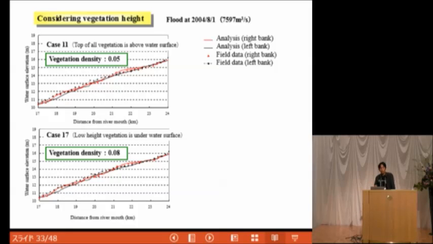We have not performed a field survey because this flood happened between the big floods, so we could not get the data. However, maybe the vegetation density in the field must be 0.08 or something like that, and this value must be too small.